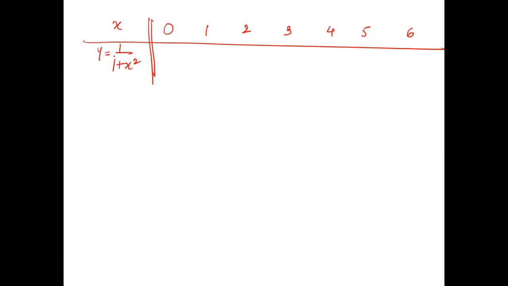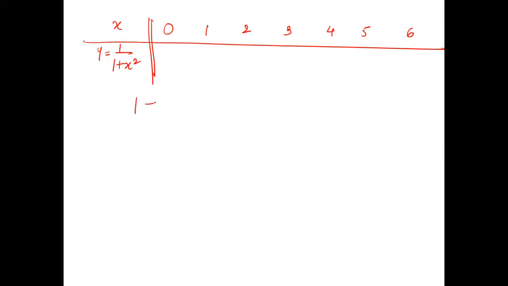Okay, then corresponding to these values we have to find y. So take x is 0, find out y. Can you do this on your calculator? 1 upon 1 plus x square. You just write 1 divided by bracket 1 plus x square bracket complete.